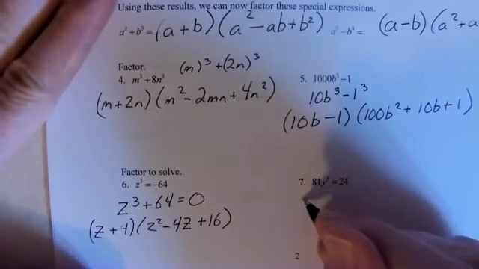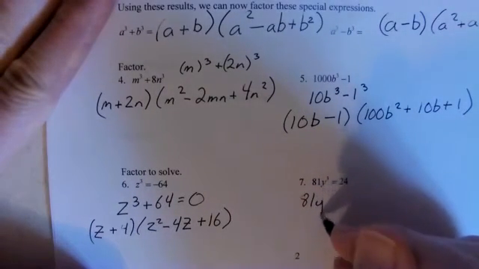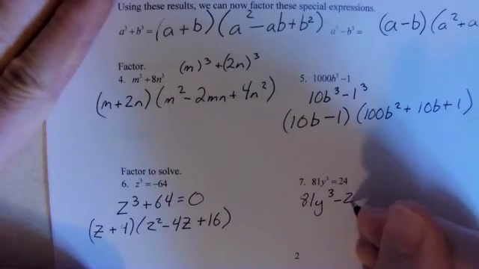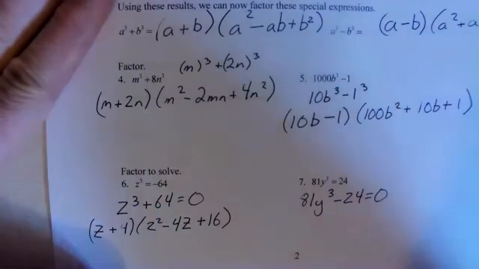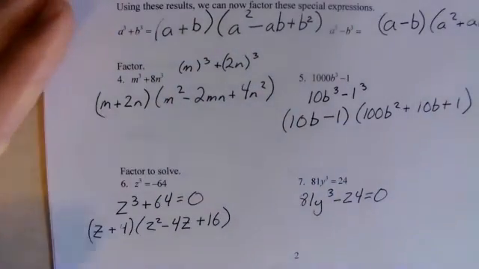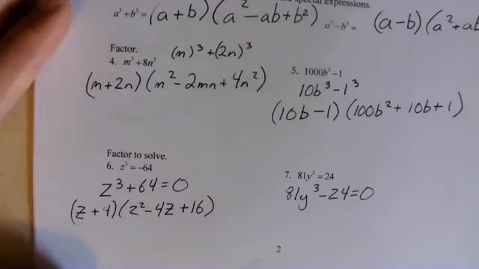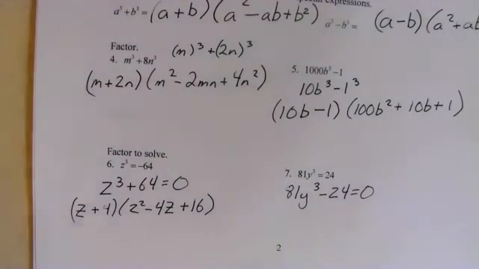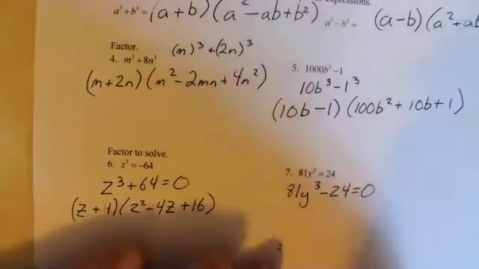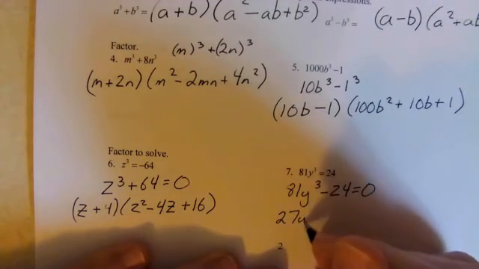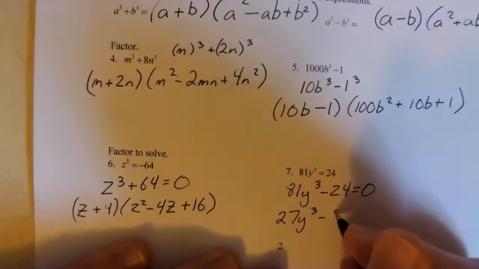Same idea over here. I'm going to write it as 81y cubed minus 24 equals 0. And, well, 81 is not a perfect cube. 24 is not a perfect cube. We can't do anything. Oh, wait, spider sense tingling. We can divide everything by 3. And when I do that, I end up with 27. Oh, hey, that's a perfect cube. Minus 8.